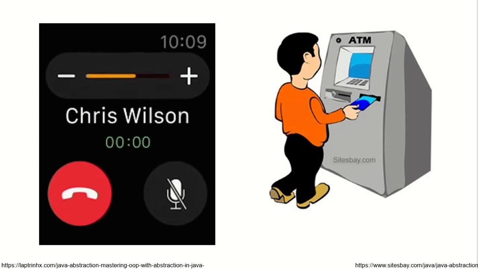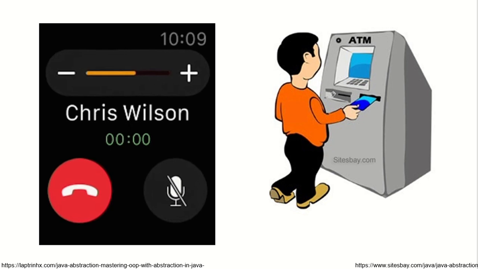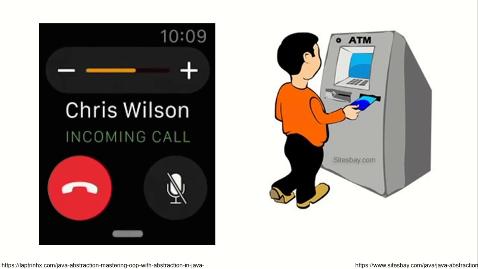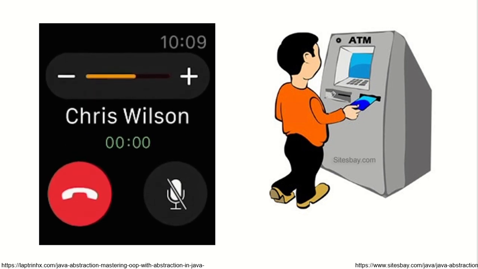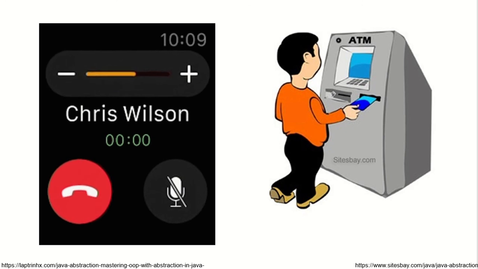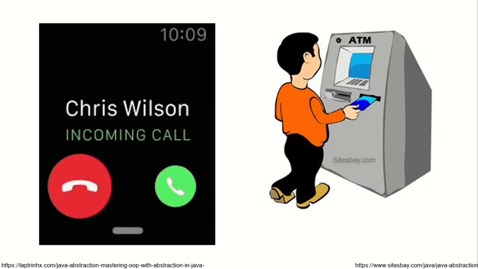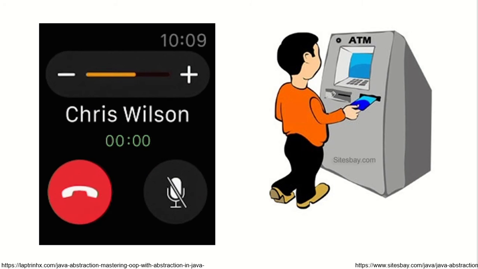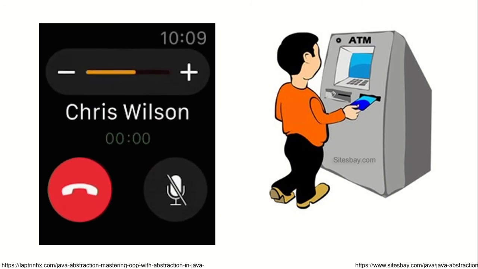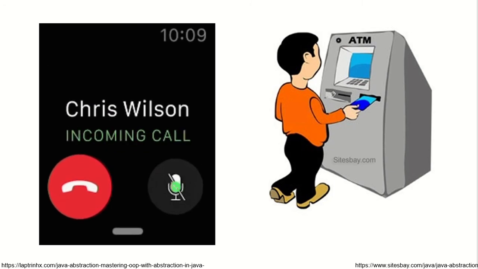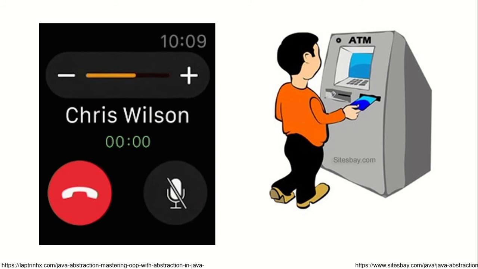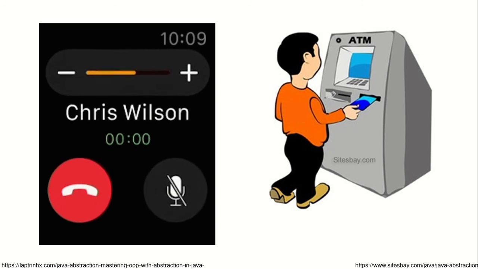So what is abstraction? It is the concept of exposing only the required characteristics and behavior. Take this example of an ATM again. When you insert the card, there are multiple options available to you: cash withdrawal, knowing your statement, depositing the amount.